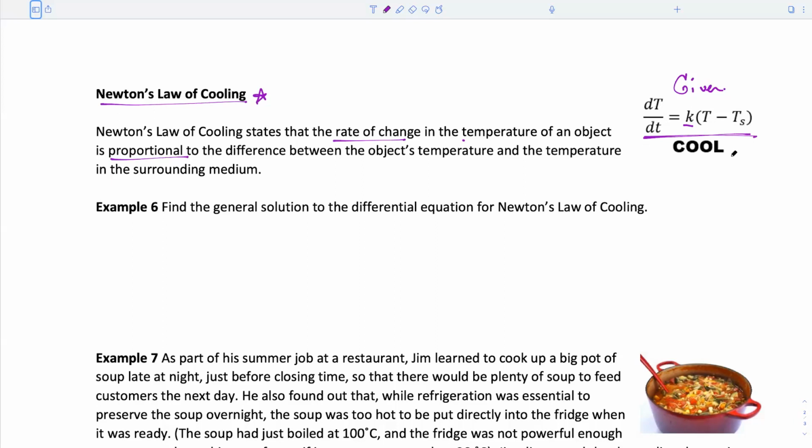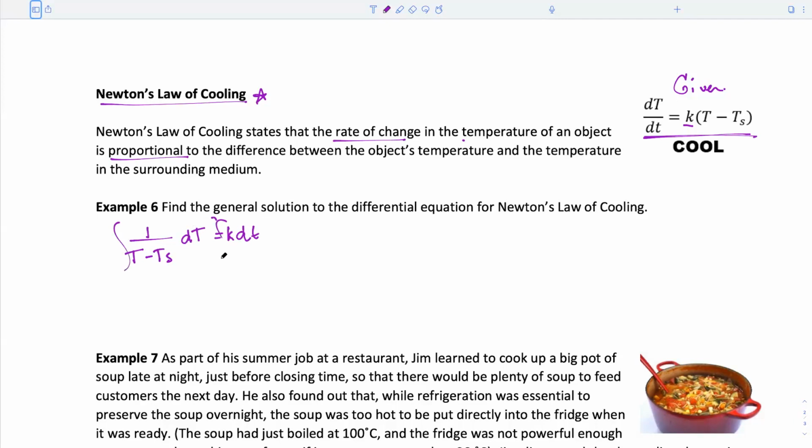So find the general solution basically means separate and integrate, right? So I'm going to do this in one step. To separate, I'm going to put dT over here, and I'm going to bring over 1 over T minus Ts, with k.